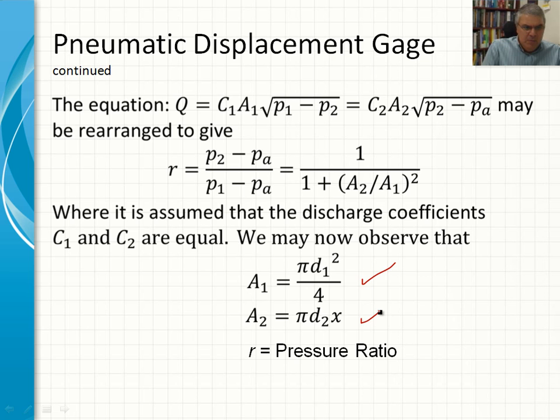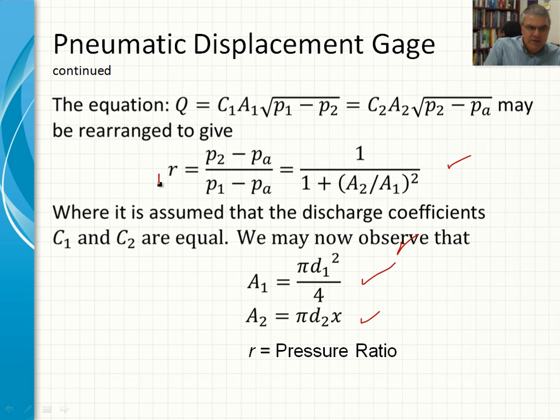So we rearrange the equation for Q. We come down here to express that in terms of areas, and we call R a pressure ratio.